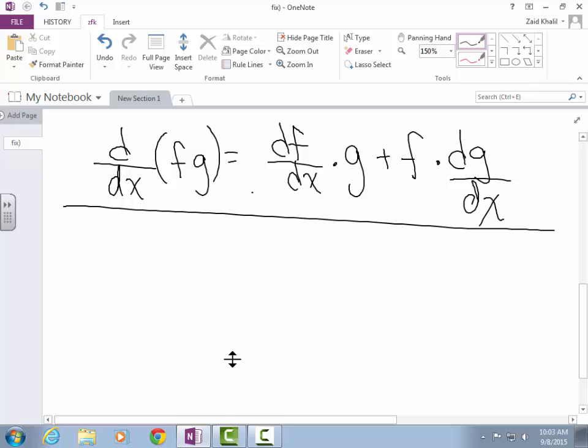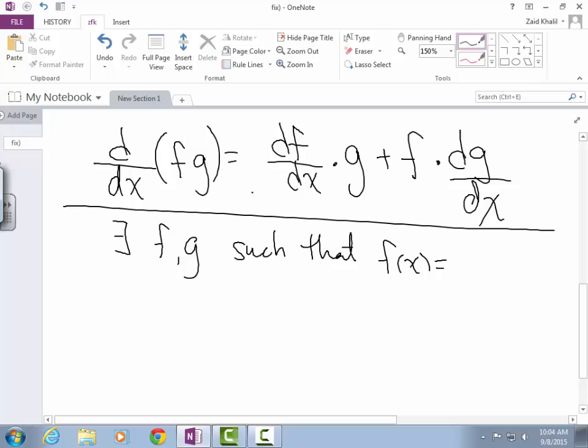Correct. So right off the bat, there exist functions f and g. Right? That's the there exists symbol. Such that f of x is equal to f of g of x. Right? That is where you start off.